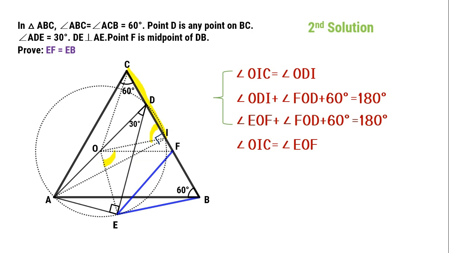So point I is the midpoint of BC. So IC equals 1/2 of AB. Obviously, OF is parallel to AB and also equals 1/2 of AB. We can get IC equals OF.